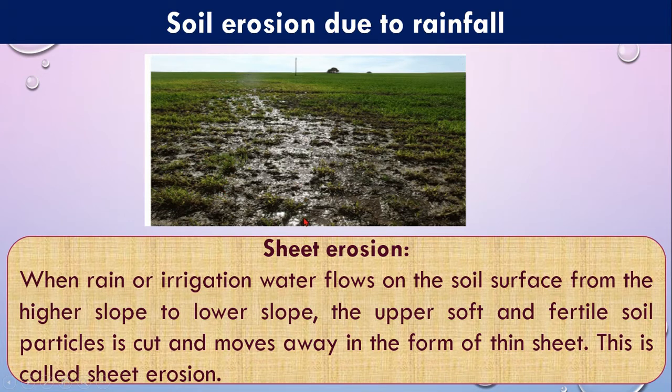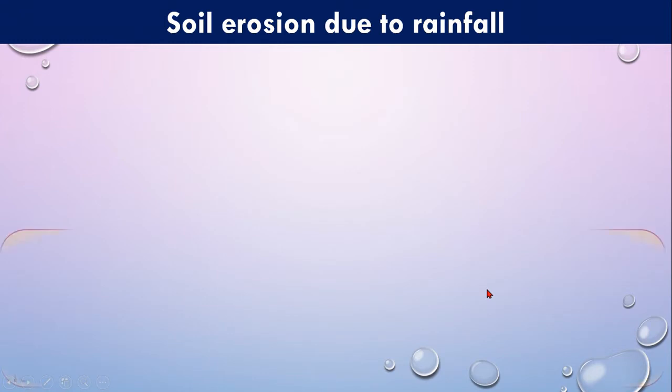Like I said, in this picture you can observe this water, which might be rainwater or flood water, moving from the higher slope to the lower slope. That is why the upper surface soft and fertile soil moves from one place to another like a thin sheet. This is called sheet erosion, and this is the first step of soil erosion.